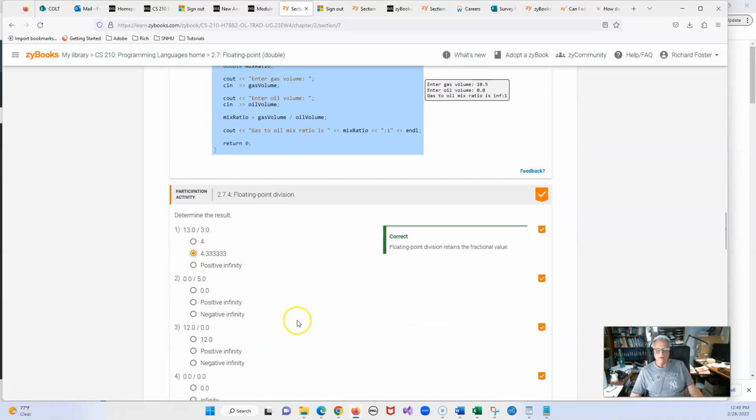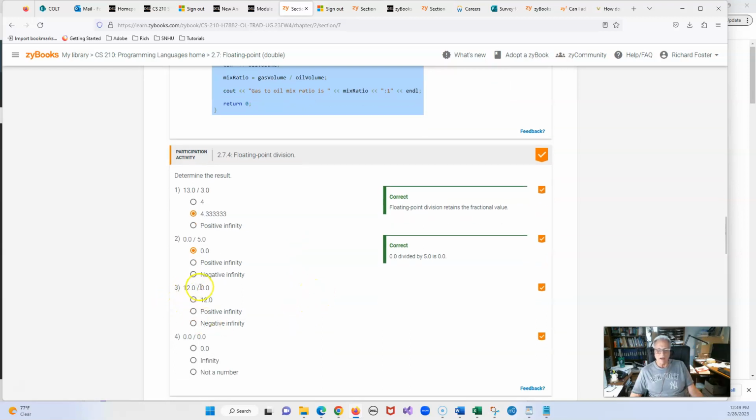That looks good. So now we have 0 divided by 5. Now you can have 0 in the numerator. That's okay. But remember, 0 divided by anything with the exception of 0 is going to give you 0. And that makes sense. So now we have 12 divided by 0. Well, that really makes no sense at all because you don't know what you're dividing.